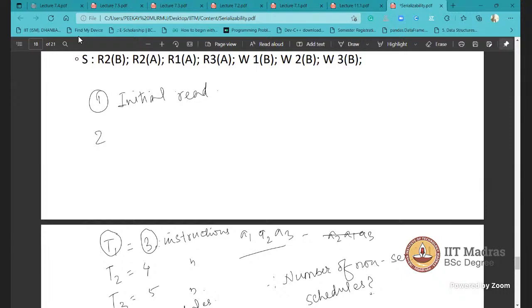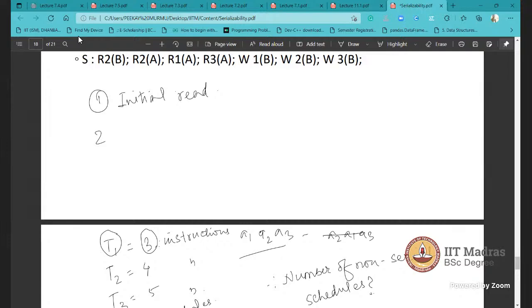Read-write on the same data item, write-write on the same data item, and write-read on the same data item are all conflicting, and read-read is not conflicting. That is very time consuming.